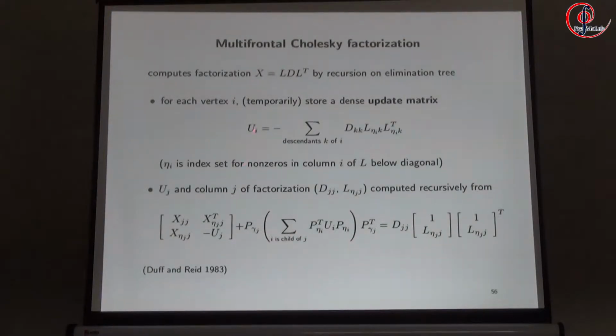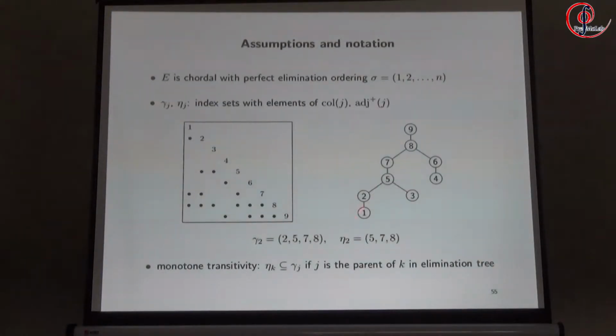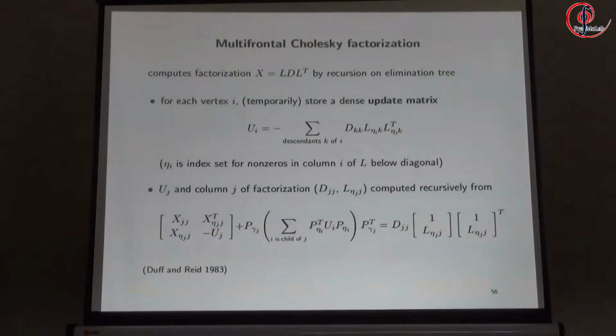And in this method, you associate with every vertex in the tree a dense matrix that's called the update matrix. The update matrix is just a subset of this Cholesky factorization. So you take a sum of outer products, but you sum only over the descendants of vertex I in the elimination tree. Each of these terms is d_kk times a part of column k of L and its transpose.